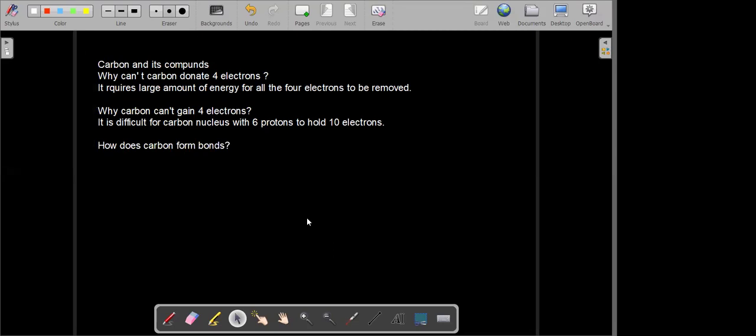In the two types of cases we studied here, the bonds are formed by the transfer of electrons. For example, NaCl is formed by the transfer of electrons.